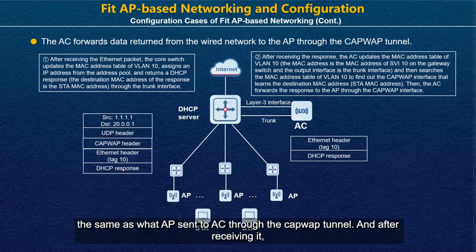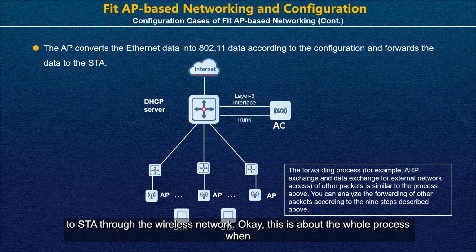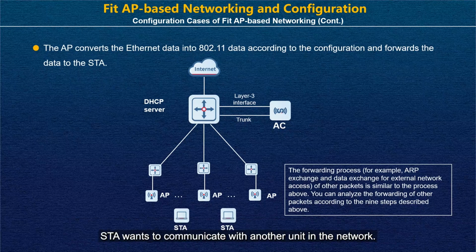And after receiving it, the AP of course will convert it into 802.11 data and send it to the STA through the wireless network. Okay, this is the whole process when the STA wants to communicate with maybe another unit in the network.